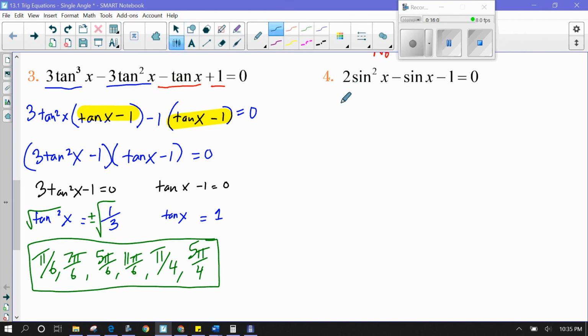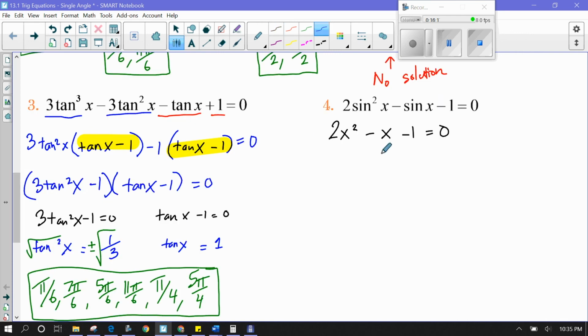So let's pretend the signs aren't there, and I'll write this as 2x squared minus x minus 1 equals 0. So this is just a complex ABC because our a is bigger than 1, so I'm going to go ahead and take my a and my c, 2 and -1, multiply those together, I get -2, and I'm thinking of two numbers that multiply to make -2, and they add to make -1.